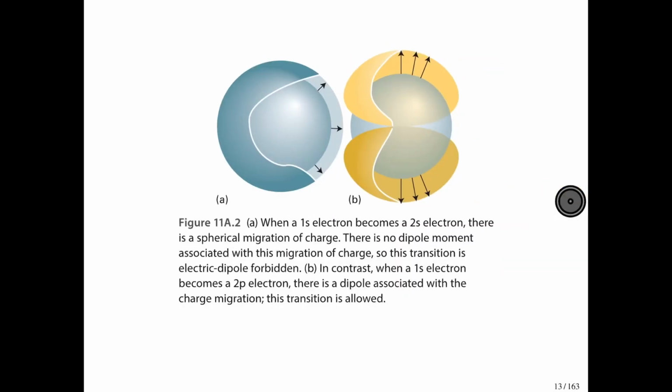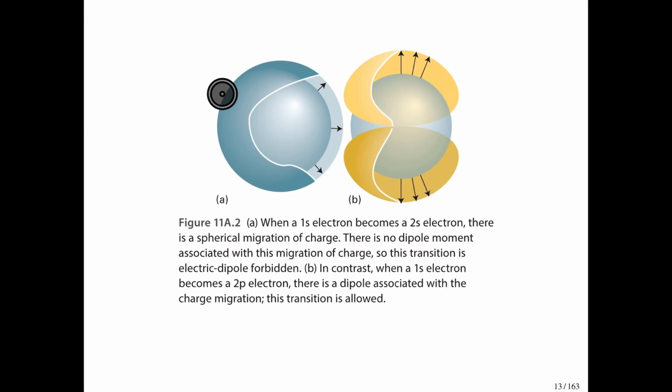This is an example of that from atomic spectroscopy. So you may or may not recall, but the selection rule for atomic spectroscopy is that the angular momentum of the state must change. So for example, if you were to consider a 1s orbital here and a 2s orbital here, this transition is not allowed because the orbital angular momentum quantum number doesn't change as you go from a 1s to a 2s.